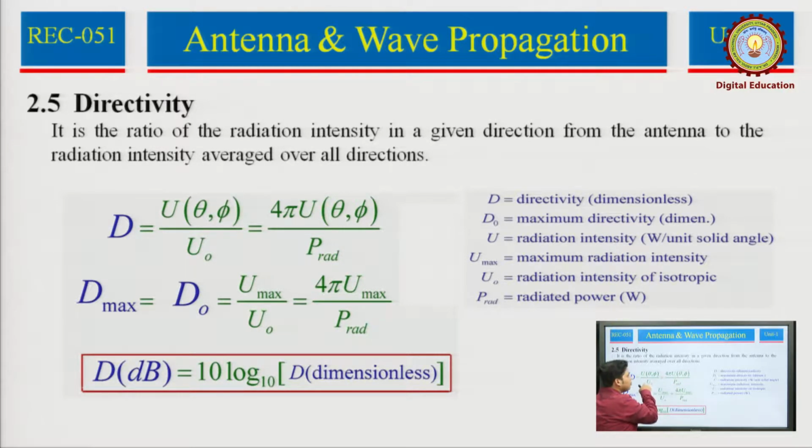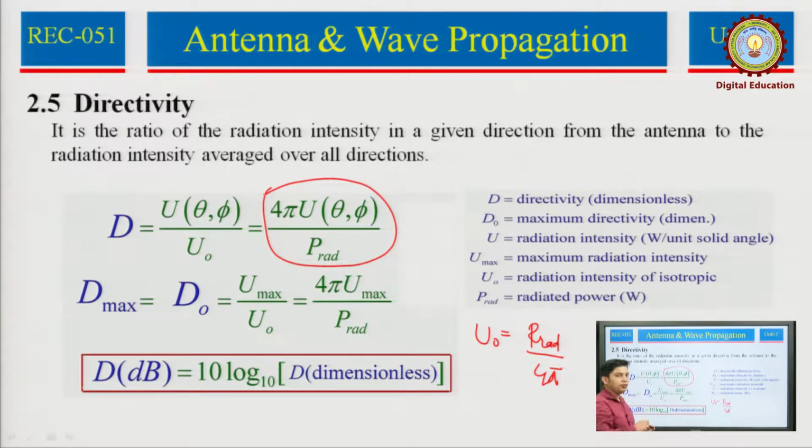How? Because U naught is nothing but, as we have discussed, P radiation divided by the solid angle available in a sphere, which is 4 pi. The radiated power per unit solid angle is nothing but radiation intensity. So, using this we get the important formula, 4 pi U(theta, phi) divided by P radiation. Next, the maximum value of directivity, D naught, is 4 pi U max upon P radiation.